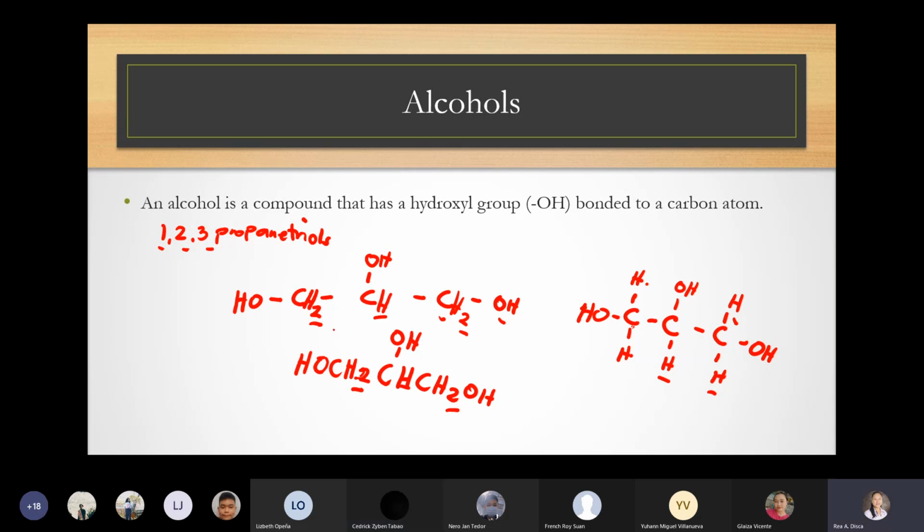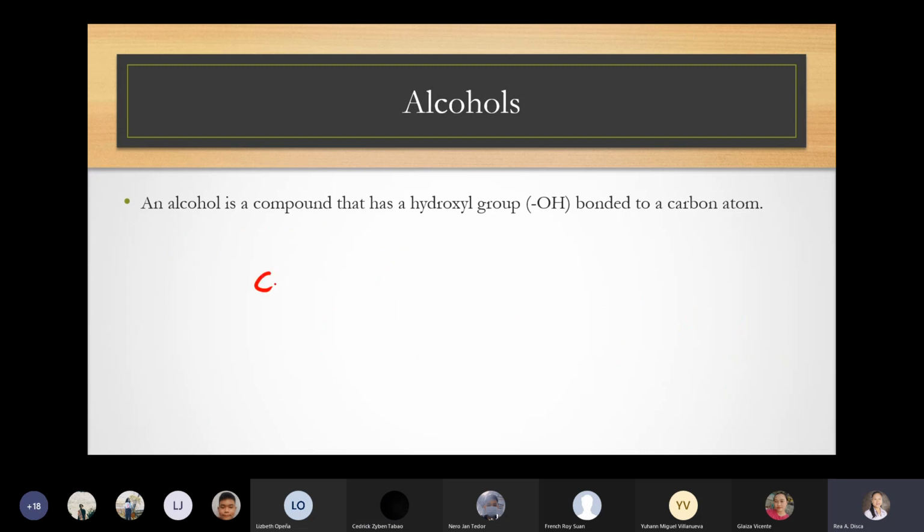Okay. So, any questions or clarifications? Sige. Another example, and you are the one to name this. Okay? Can I erase this? Okay. Ito.